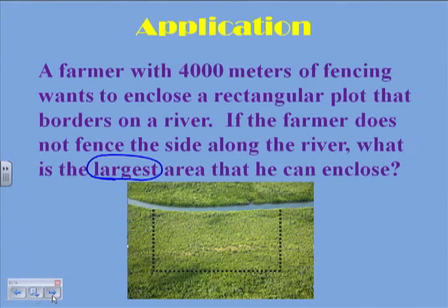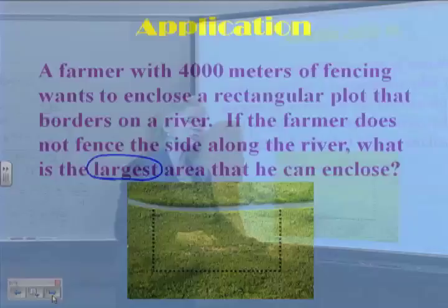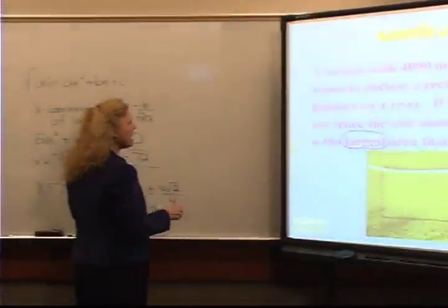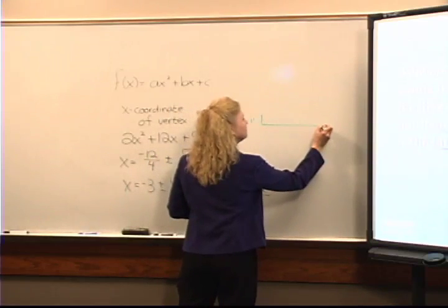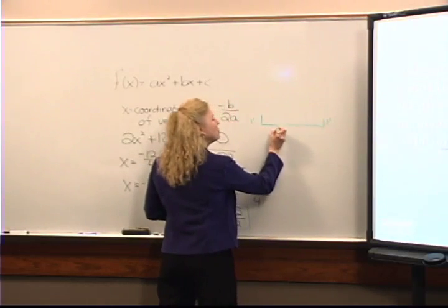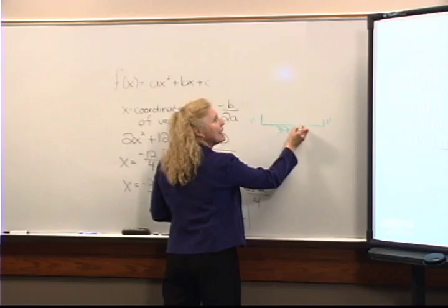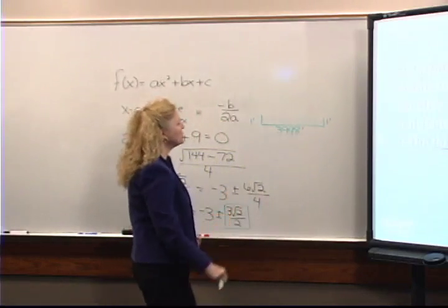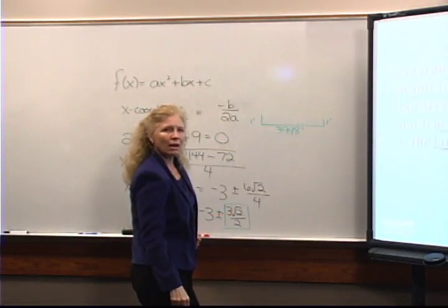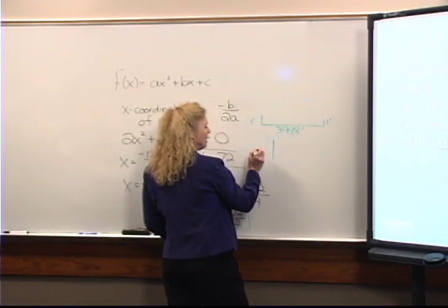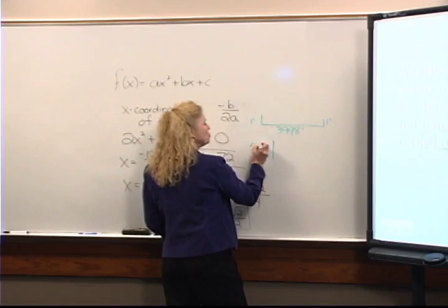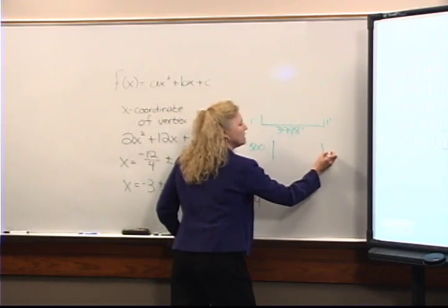We could get all kinds of areas out of this, you know, because you could take that 4,000 meters of fence and you could have 1 meter, and 3,998 meters, I'm sorry, meters. Or you could have something like, I don't know, 500 on each of these.